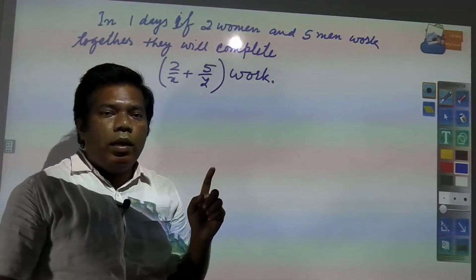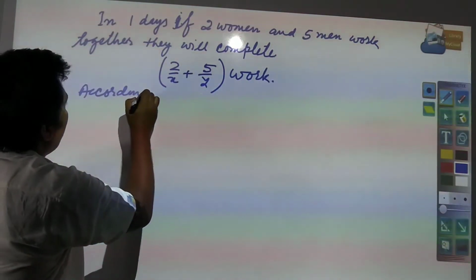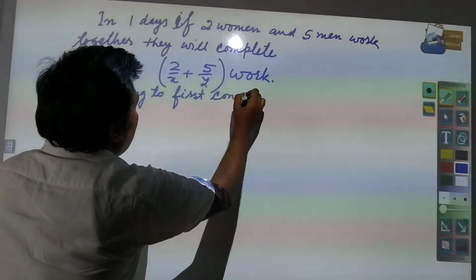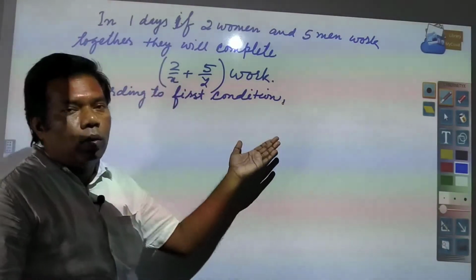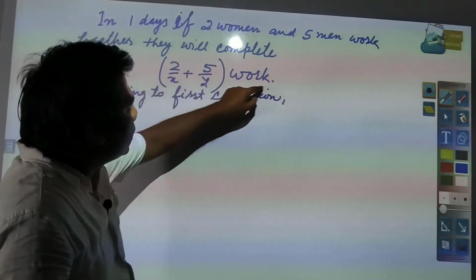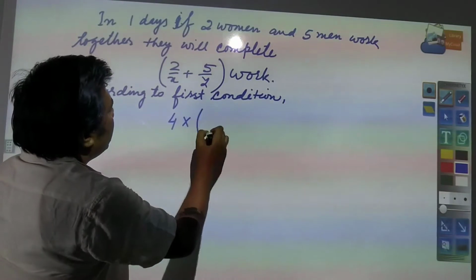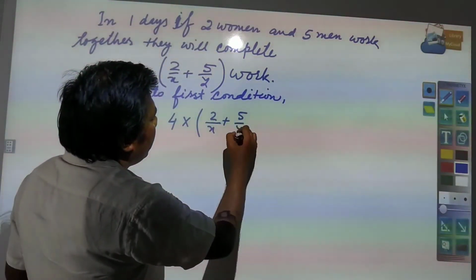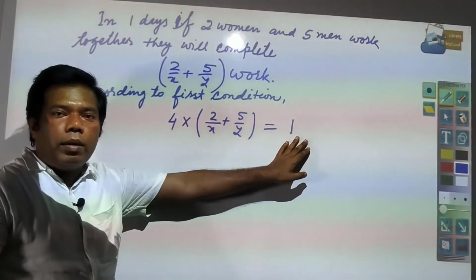But according to the first condition, in 4 days they are completing the whole work. If in one day they work this much, then in 4 days their work will be 4 into 2 by x plus 5 by y, and they are completing the whole work.